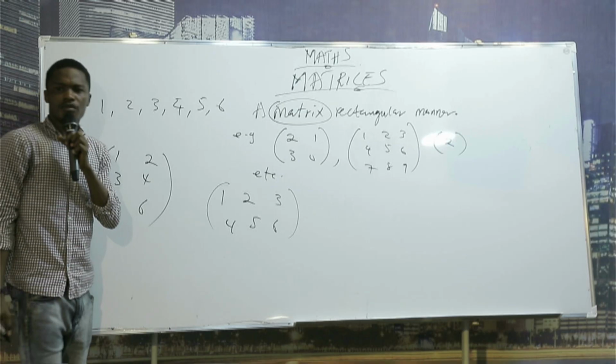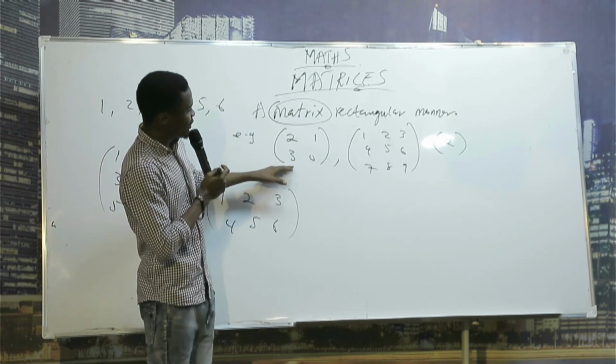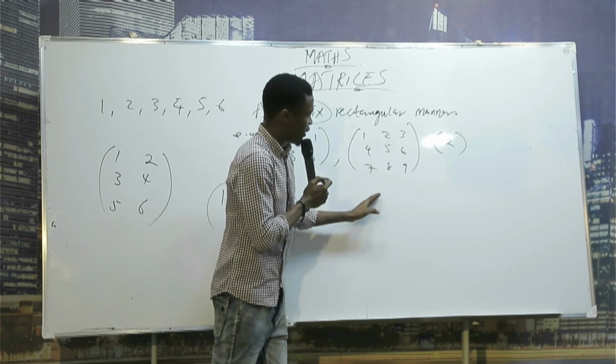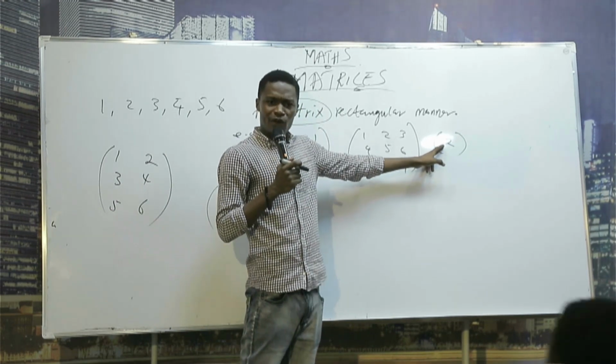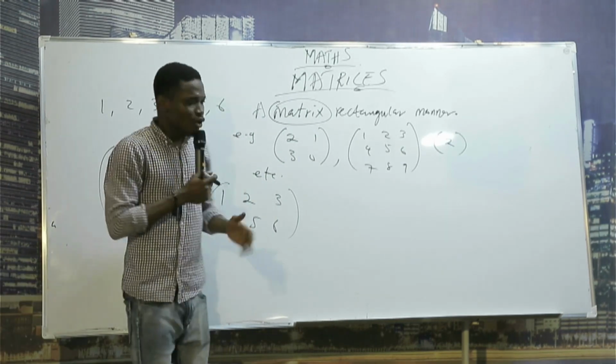This is what we call a what now? I can also decide to write it like 1, 2, 3, 4, 5, 6. This is also a matrix. So arranging numbers in a rectangular way, this is a rectangular way, this one is also a rectangular way. So when you write a single number, it is actually in a rectangular way. So writing numbers this way is actually a matrix.